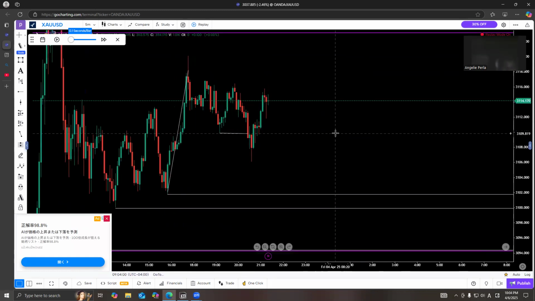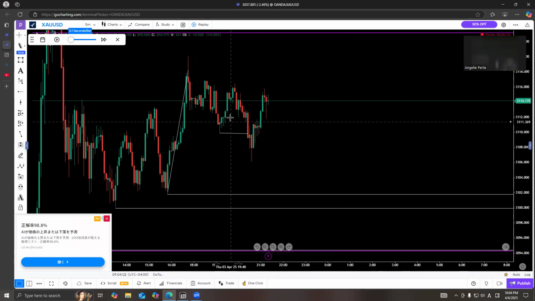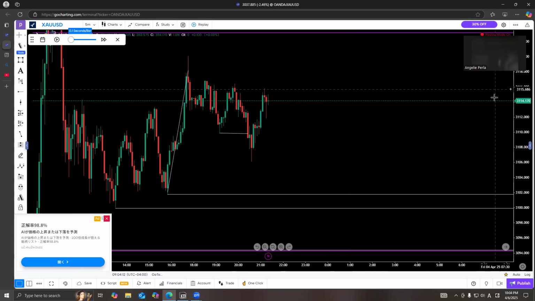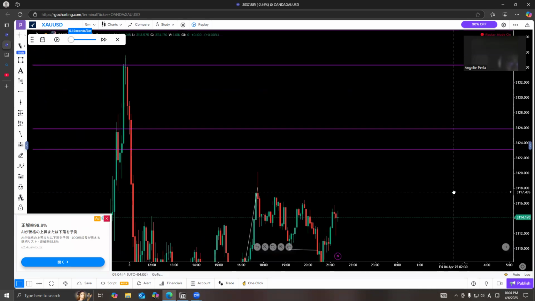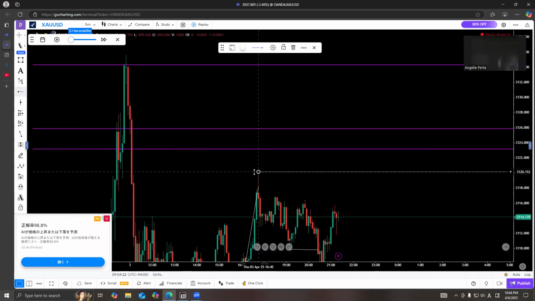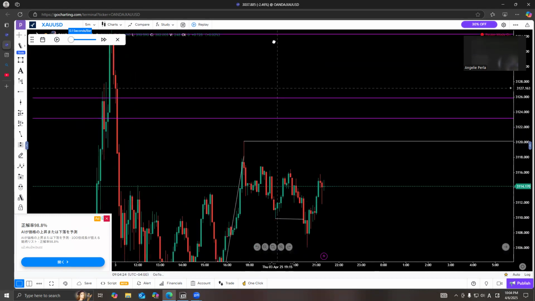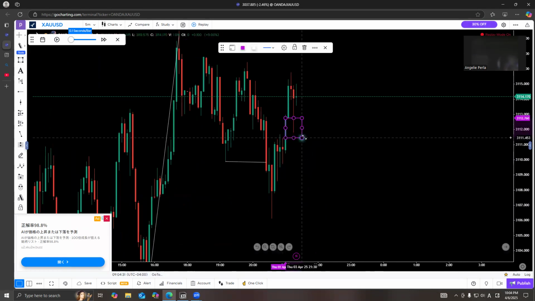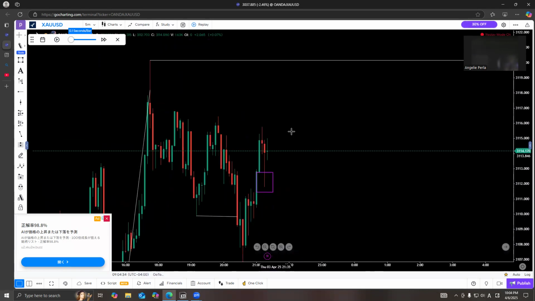We could see here that this break of structure has a bullish movement. If the market continues taking these sell side liquidities right here, and buy side liquidities right here, here and here, this fair value gap will hold as a bullish movement continuing upwards.